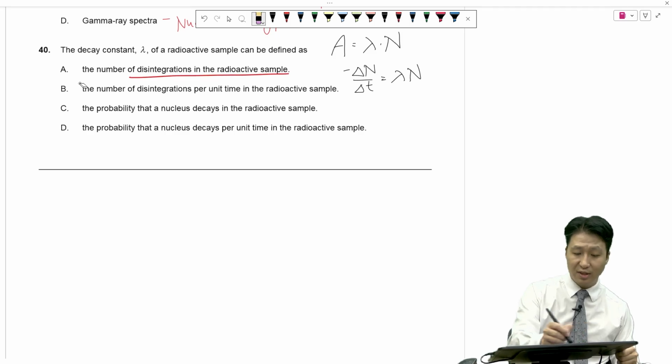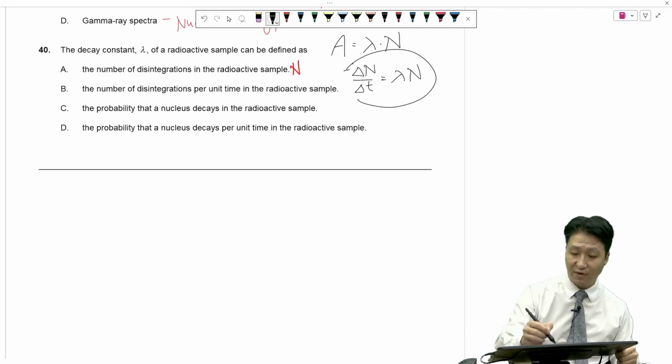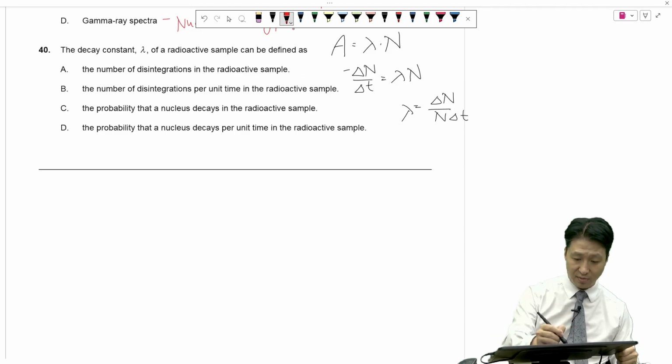A, the number of disintegrations, it would be just n. And if you want to get the definition of this, the decay constant is delta n over n and delta t. So if you just have the number of disintegrations, actually this would be delta n.